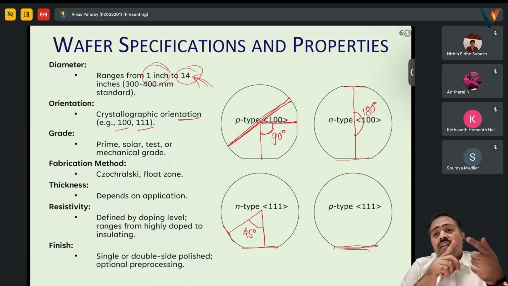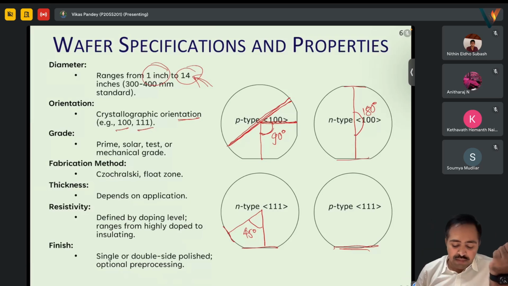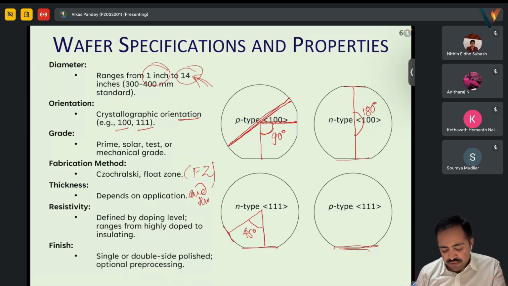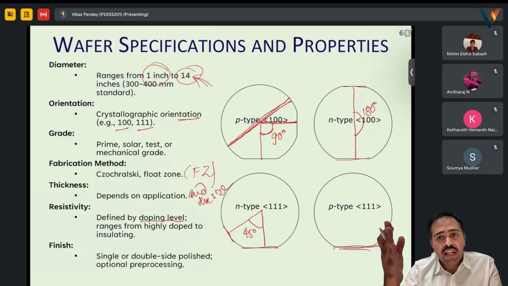Then they are fabricated. We have seen the CZ method, and there is also the float zone method, which is not commonly used and is more relevant in the case of germanium. Thickness will depend on application and size. Resistivity will depend on the doping level, ranging from very highly doped to insulating.